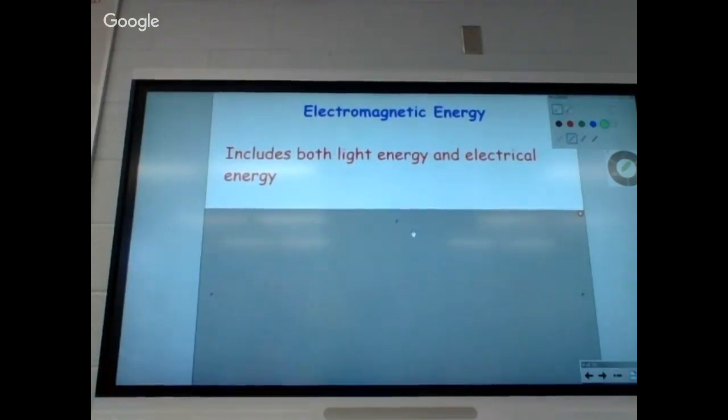Now, if you did not write that down the other day, you need to include that on your charts or your notes. This includes both electrical and light, because when I looked at what most of you had written on your paper, you only included the light energy. Everybody wrote like gamma rays or UV rays or some type of electromagnetic rays that are very specific.